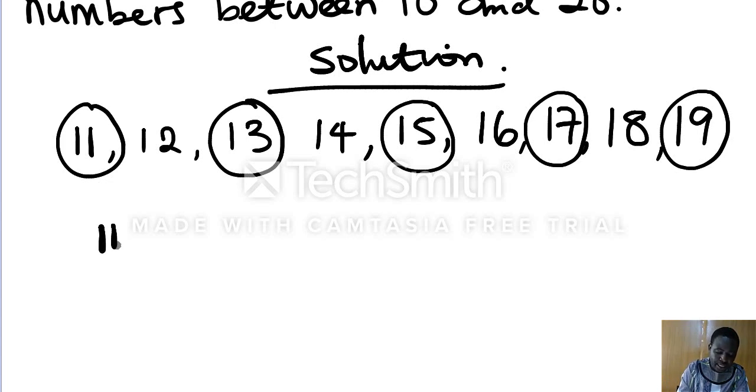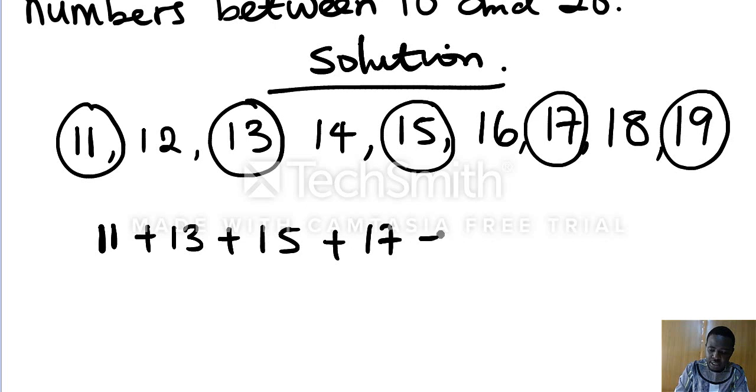That is, it's going to be 11 plus 13 plus 15 plus 17 plus 19, which is equal to, I'm going to sum all the units part of the numbers. This is 1 plus 3, that is 4. 4 plus 5, that is 9. 9 plus 7 will give you 16. 16 plus 9 will give you 25.